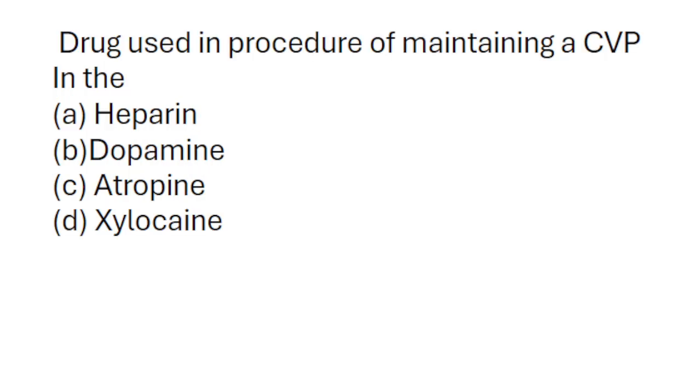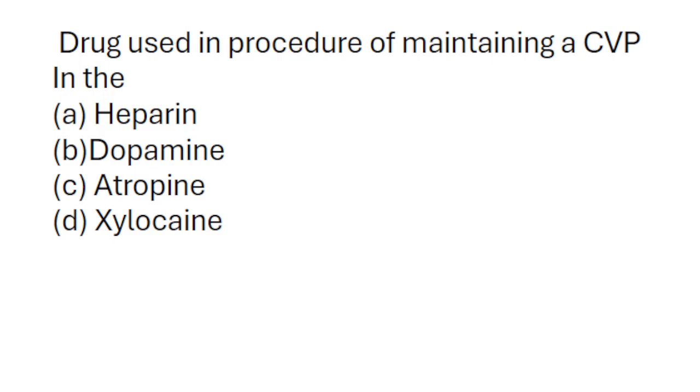Next question. Drug used in the procedure of maintaining a CVP. So central venous pressure, we will check, we will put a central line, in the central vein, jugular vein most commonly. So here, now what happened?